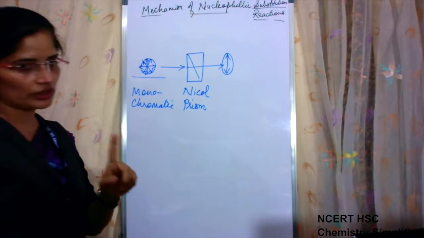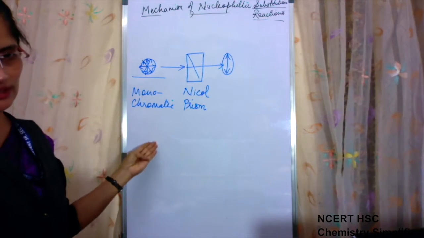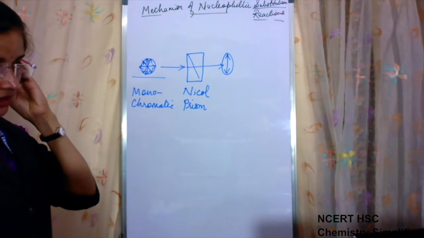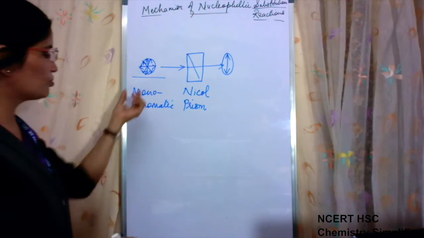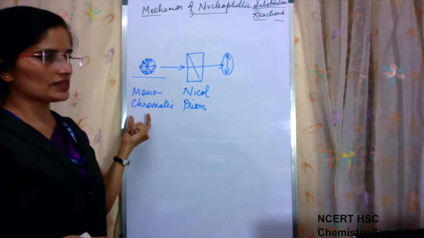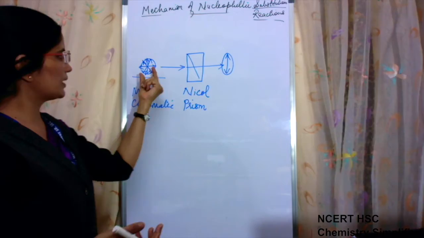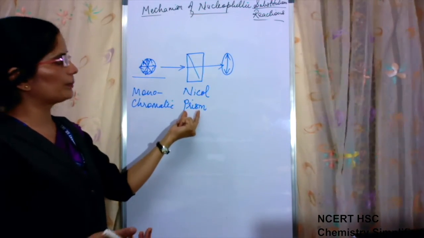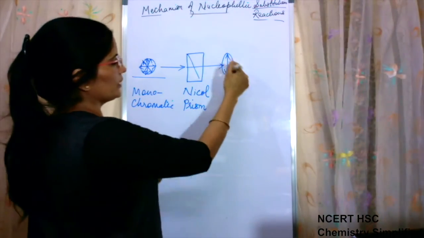So we are taking a monochromatic light, a light that has only one color. We are not taking light which has all 7 colors. Because light has vibrations in all directions, we allow it to pass through the Nicol prism. Now it has vibration only in one direction.